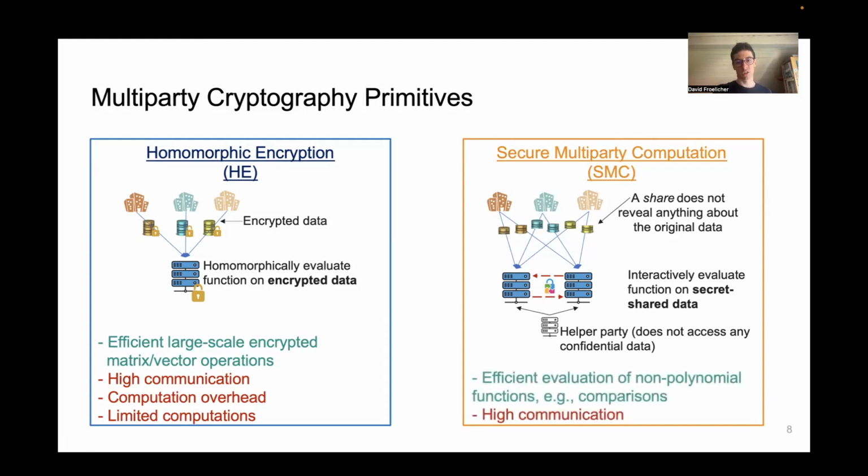This is more efficient than homomorphic encryption for some operations, such as the evaluation of non-polynomial functions, but also comes with a high communication cost because all the data have to be transferred to multiple computation parties.